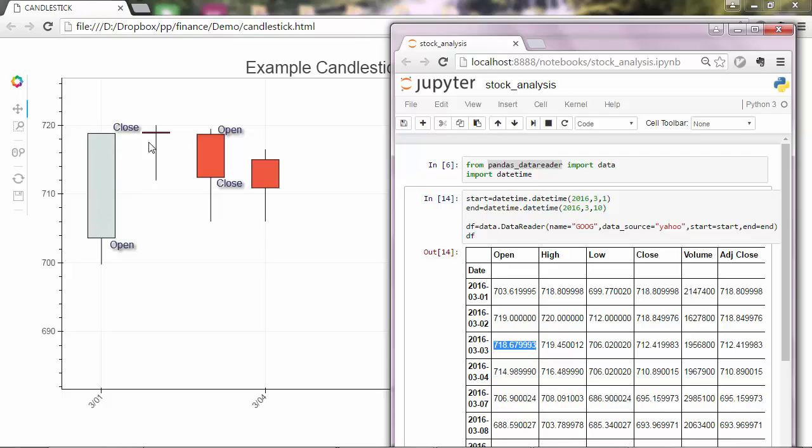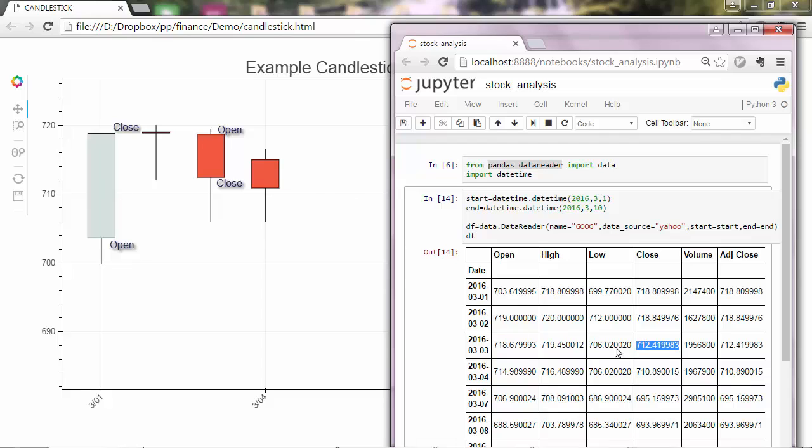And that brings us to the point that rectangles colored in red represent those days where the closing price was lower than the opening price, which means that for that particular company the price has decreased throughout the day. So for this company, for Google, the opening of the day it was 718, and then it went down to 712. So you have a red rectangle.